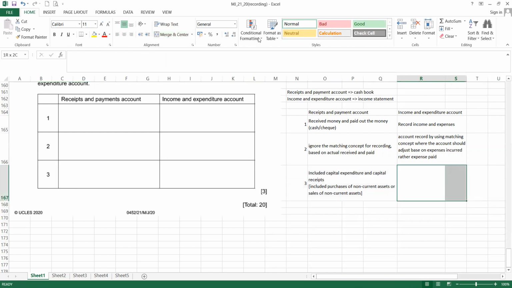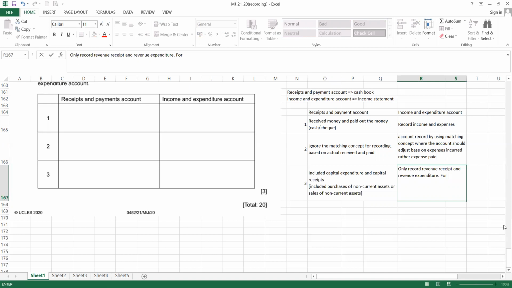When it comes to the income and expenditure, only record revenue receipt and revenue expenditure. Okay.